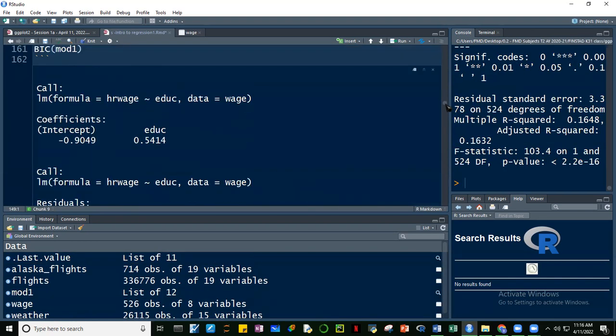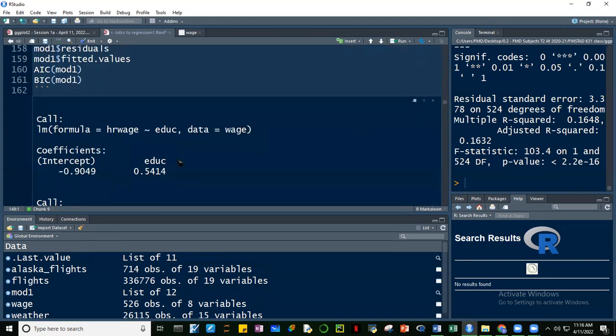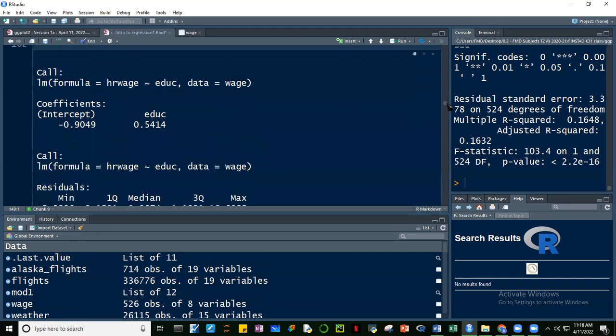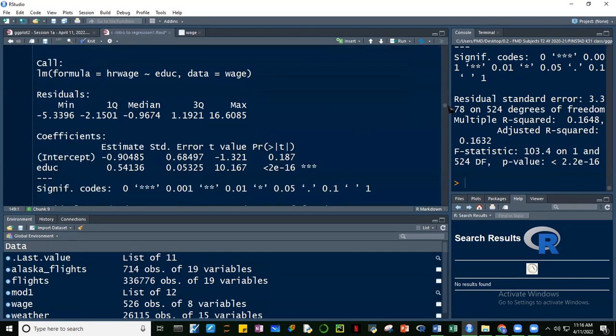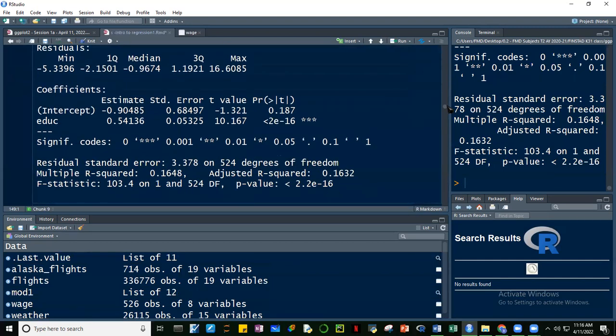The summary function will generate the formula that we use, the coefficients, intercept, and education, and then the descriptive statistics of the residuals, and then the individual tests of the coefficients. I think we studied this last time.